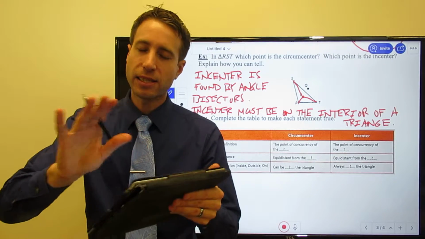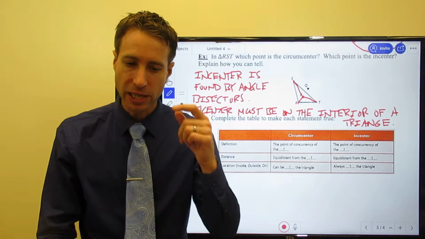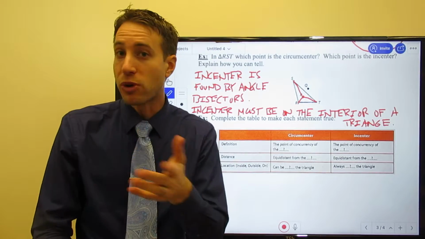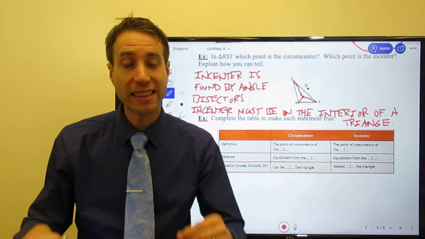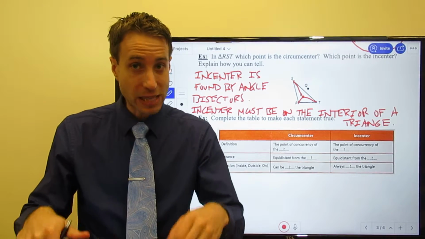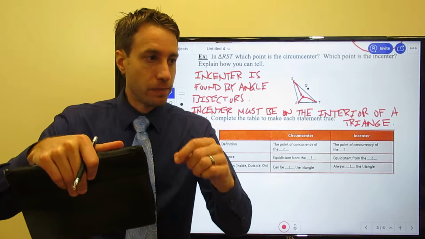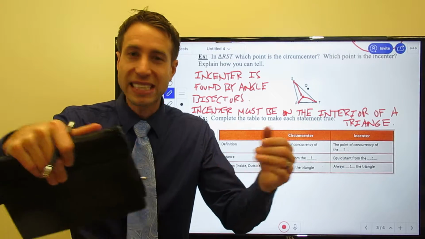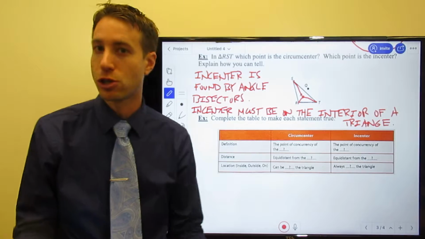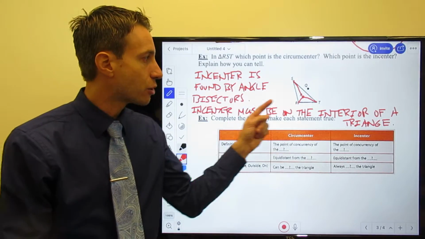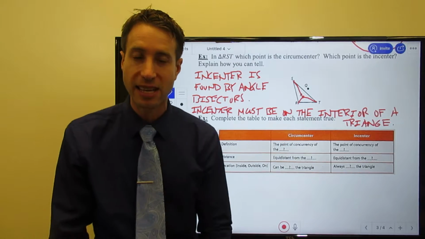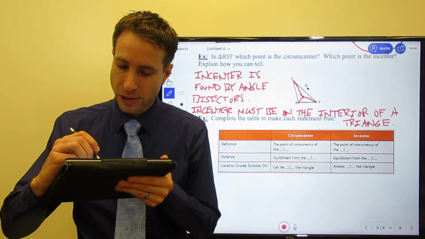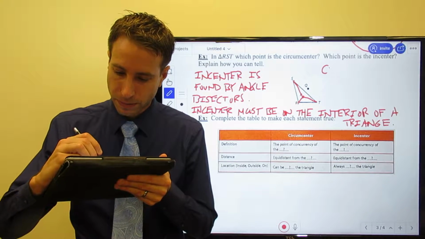And again, you guys, this is kind of a mental exercise. I mean, just picture it. You're splitting the three angles of a triangle in half. There's no possible way that those lines, those angle bisectors, could intersect at a point that's outside the triangle. It's just not possible. So the incenter must be on the interior of a triangle. It must be, which means P is my incenter. Therefore, my circumcenter is Q.